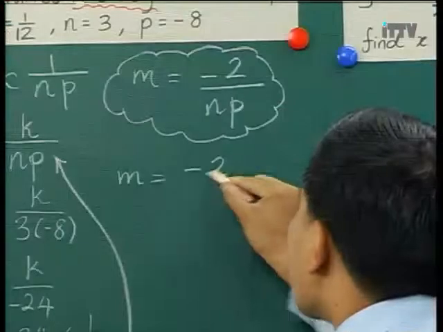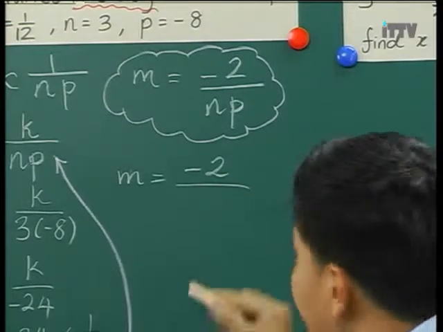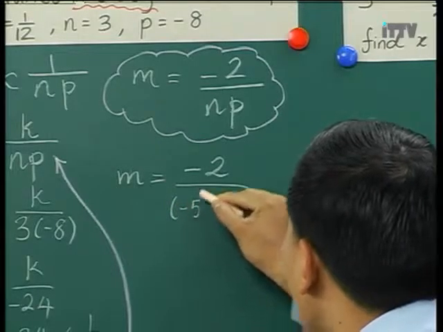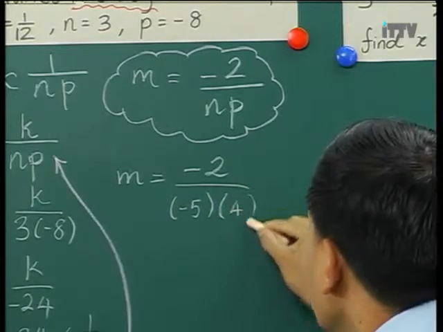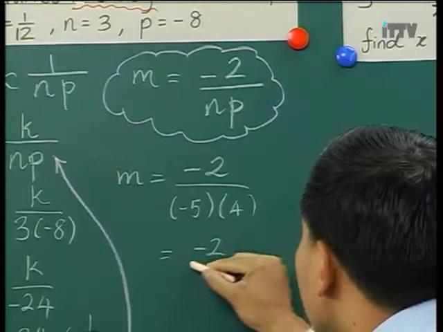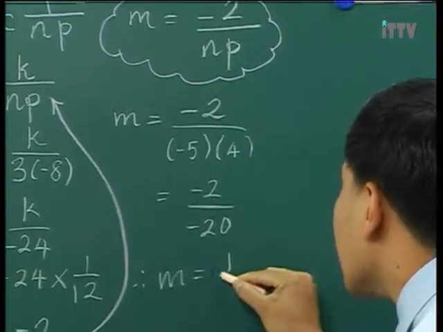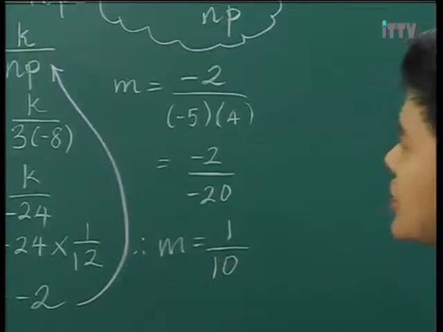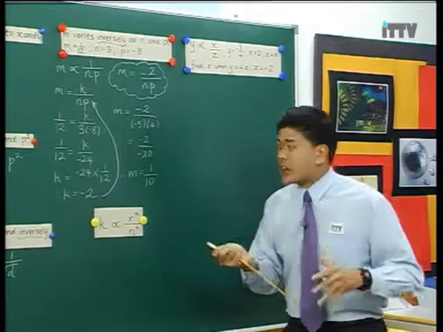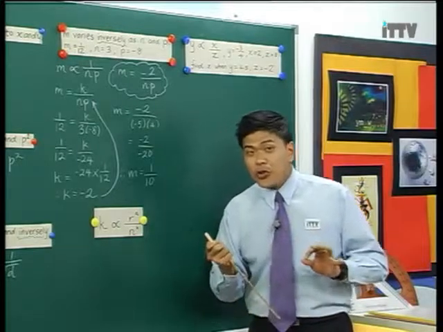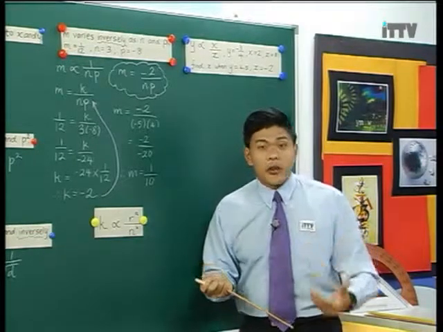Because now when n takes -5 and when p takes 4, we get that m is -2 over -20, and our value of m is actually 1 over 10. So this question always comes out, alright? So remember the steps that you need to do in order to find the values of variables.